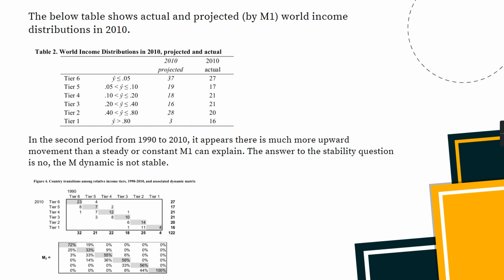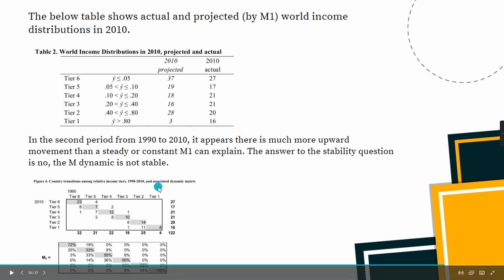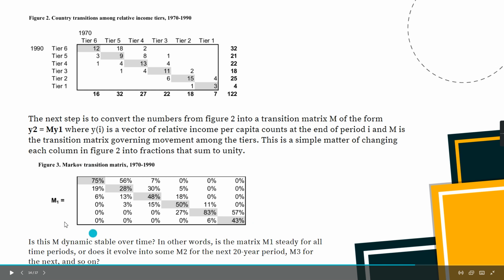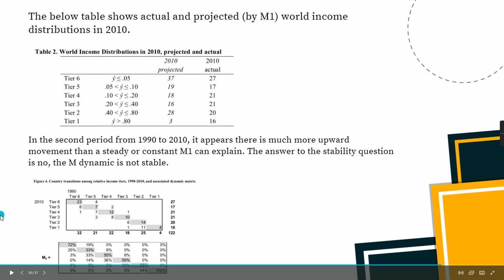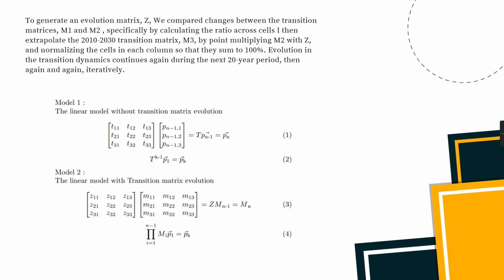And so if we calculate, using objective data again, the transition matrix for the 1990 to 2010 period, we see that it is clearly different from the one obtained in the 1970 to 1990 period. So now we'll go over how we can model this transition dynamic.